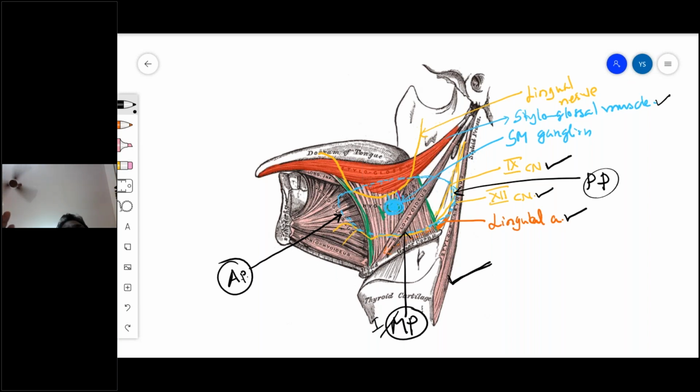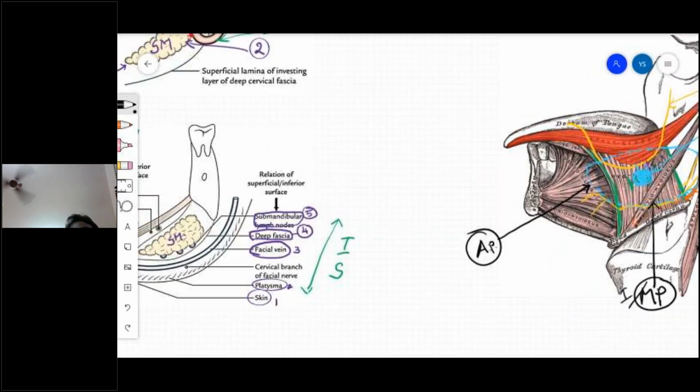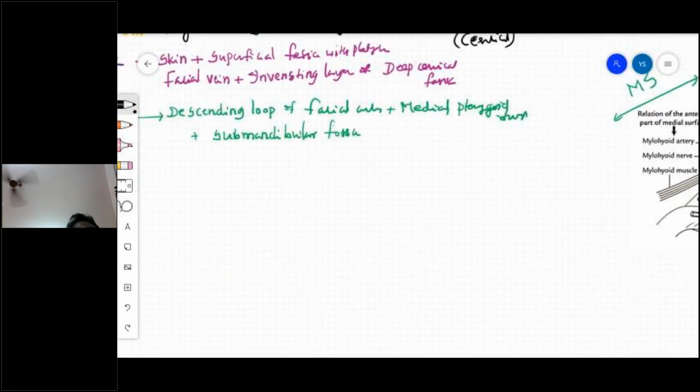If you want to learn the medial surface relations, we have to know the hyoglossus muscle relations. Almost both are the same, so try to learn in the dissection hall. Look today in the dissection hall: important relations and the important muscle hyoglossus, a 5 marks question.